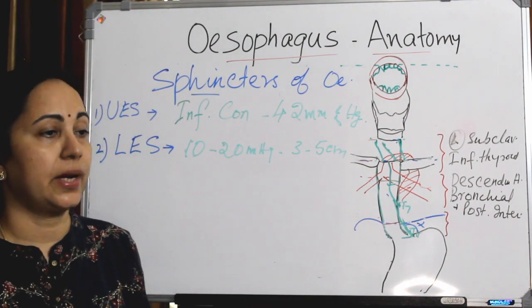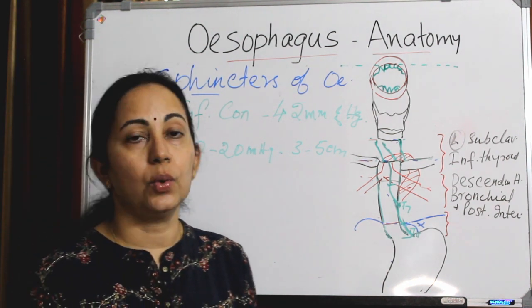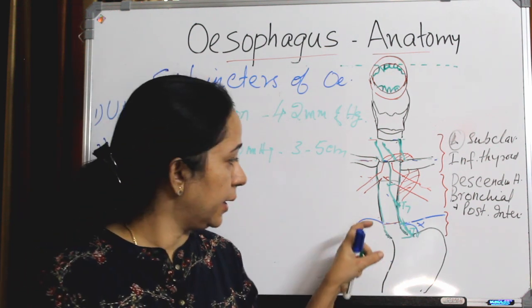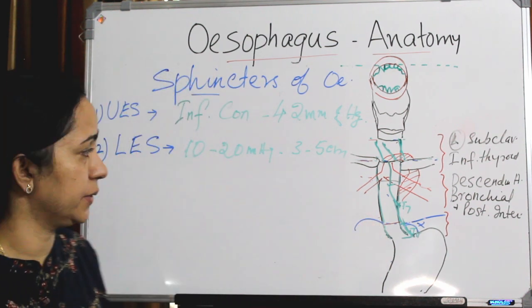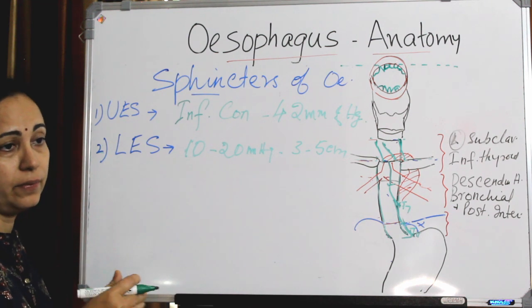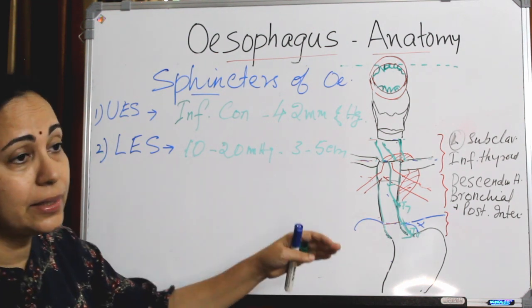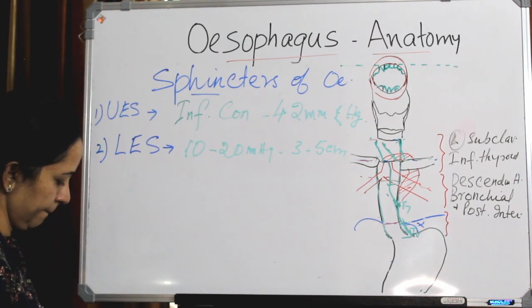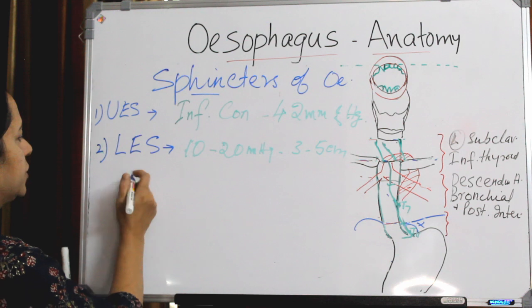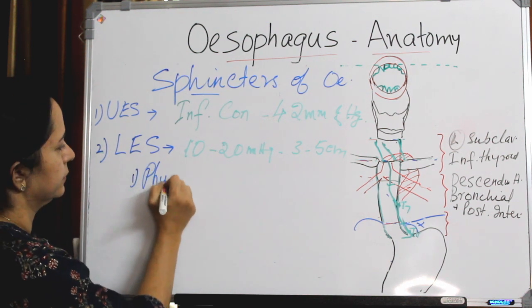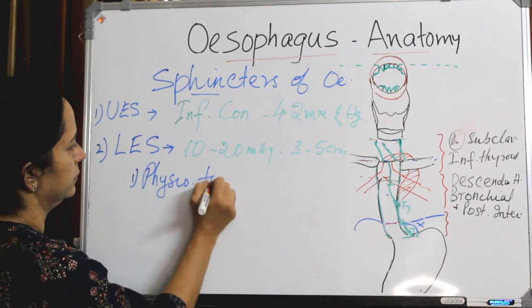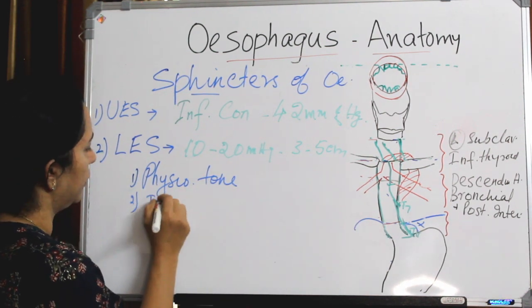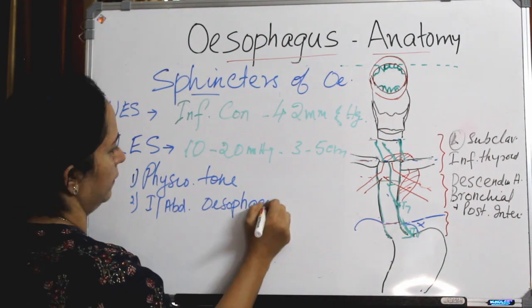There are some factors which maintain the lower esophageal sphincter, and they are important. One is the physiological tone. Second is the length of the intra-abdominal part of the esophagus.